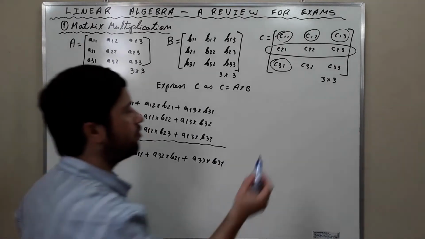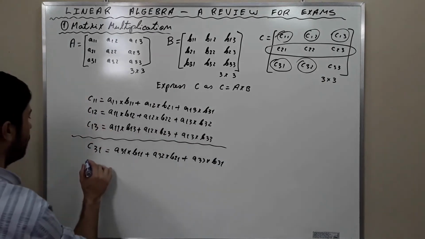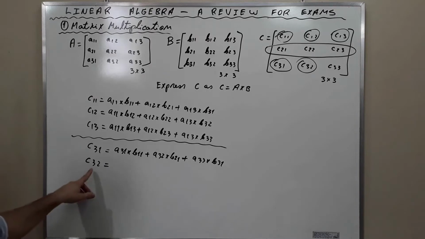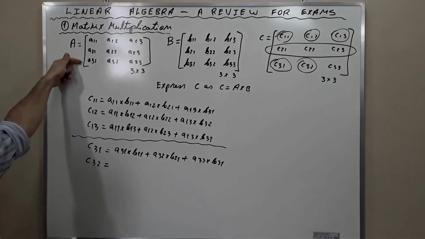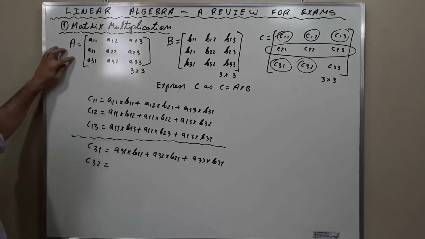Okay, let's do it for this element now. C32. C32 is going to be obtained from the multiplication of the third row of the first matrix and the second column of the second matrix.